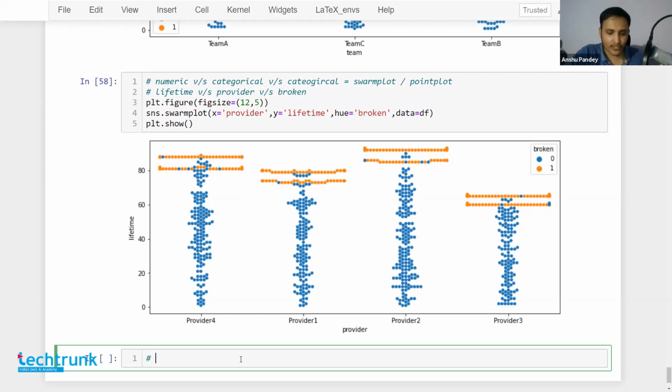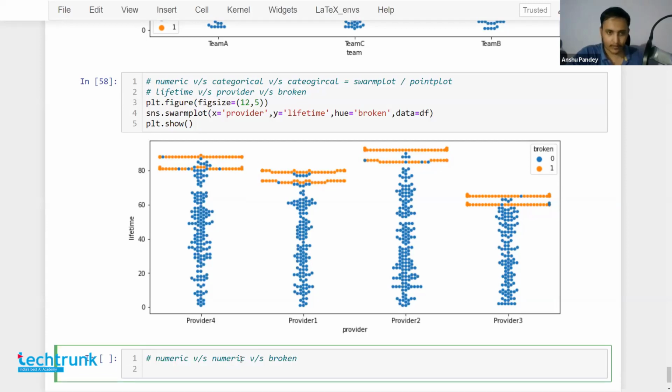Now I'm going to shift to the idea of numeric versus numeric. I'm not writing the analytics, but that should be there. After every graph, you would want to write the analytics about what you interpret from that. So let's say that I'm going to compare lifetime versus moisture versus broken.